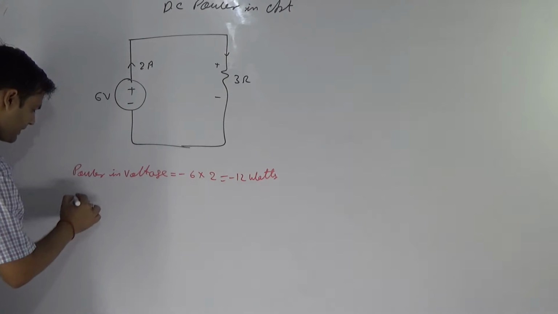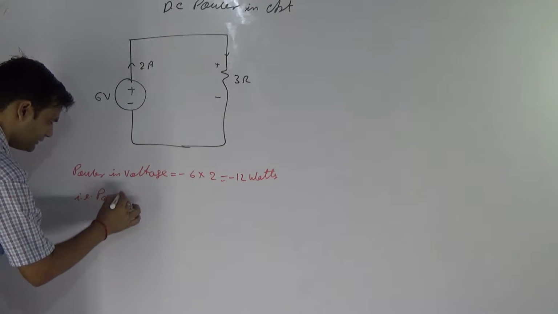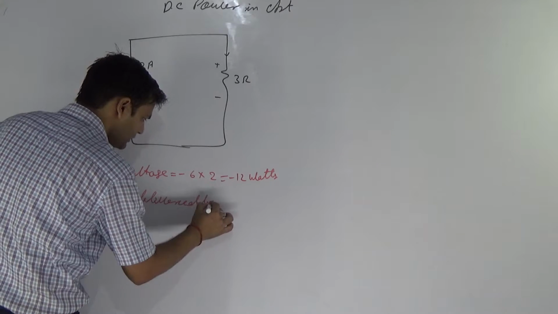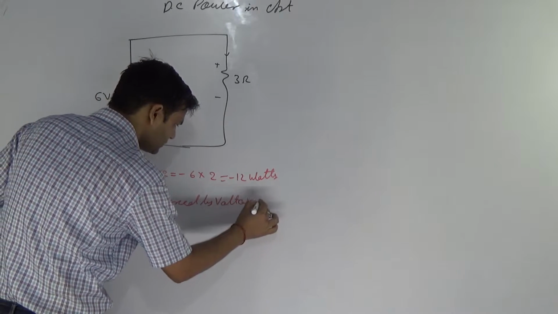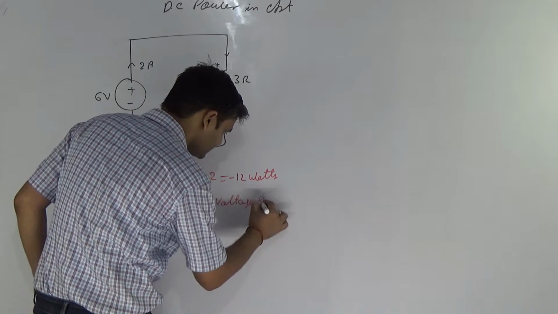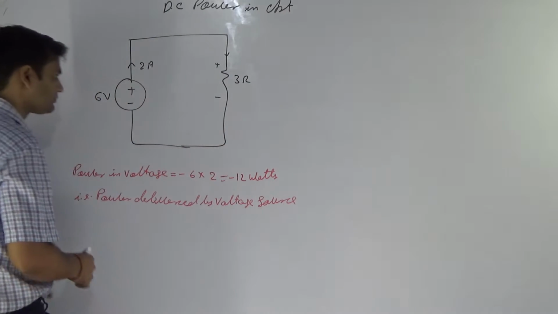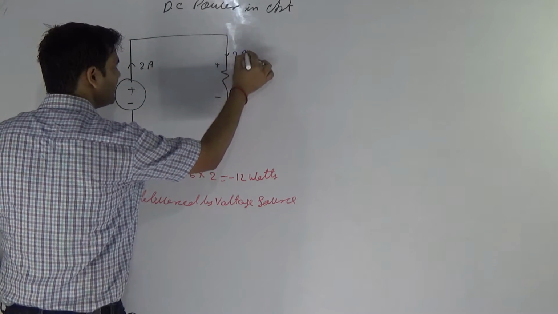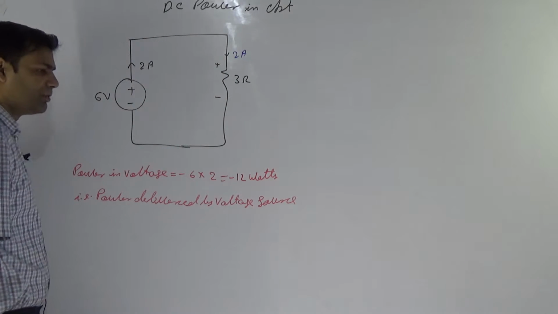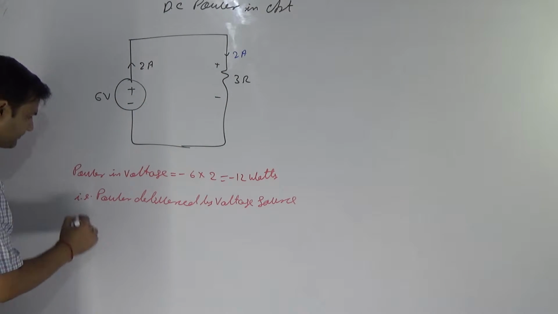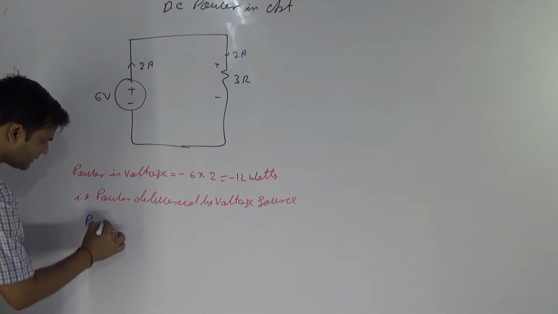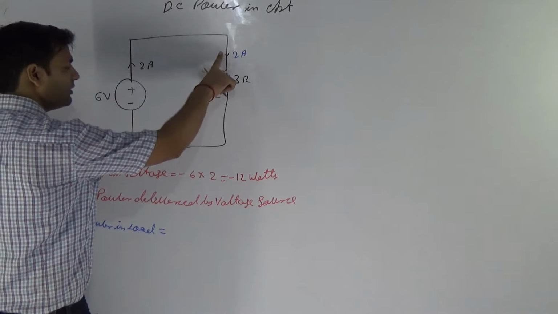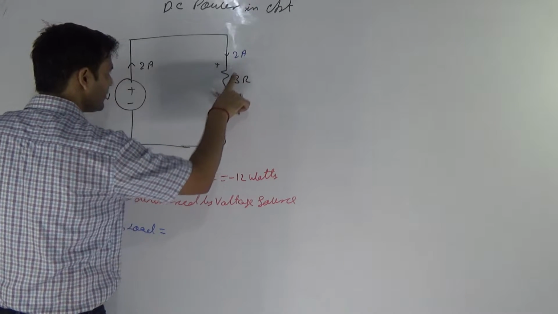It means that is power delivered by the voltage source. Now focus on the load. This is also 2 ampere, with current flowing from plus to minus. That's why power in the load will be equal to current flowing plus to minus times the voltage across the 3 ohm resistance.